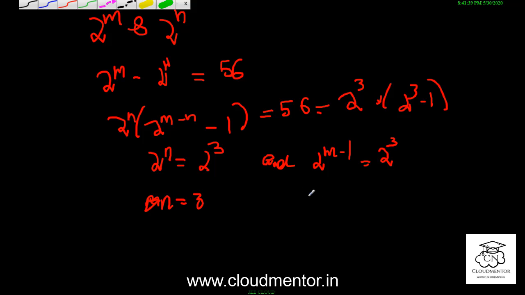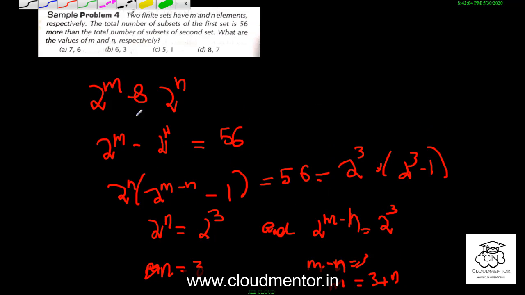Sorry, here not m minus 1, it is m minus n. So m minus n equal to 3, so m will be equal to 3 plus n, and n we got here as 3. So 3 plus 3 will be equal to 6. So the correct option will be m is 6 and n is 3. So option B is the correct answer.